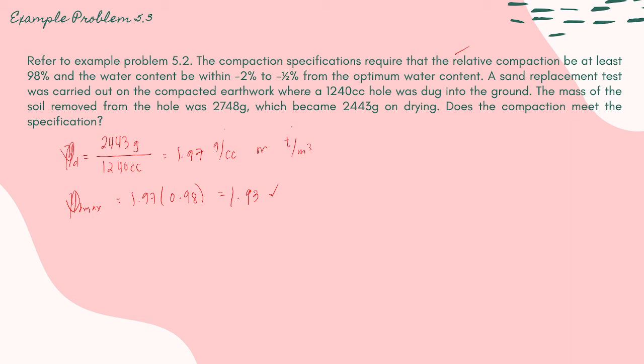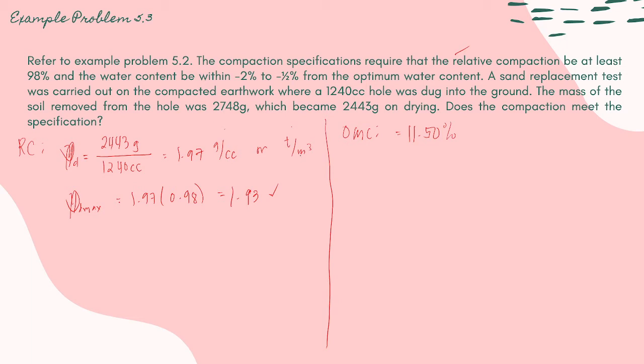And then let us check the optimum moisture content. It states that the water content should be within negative 2% to negative 0.5%, and our optimum moisture content in the laboratory is equal to 11.50%.